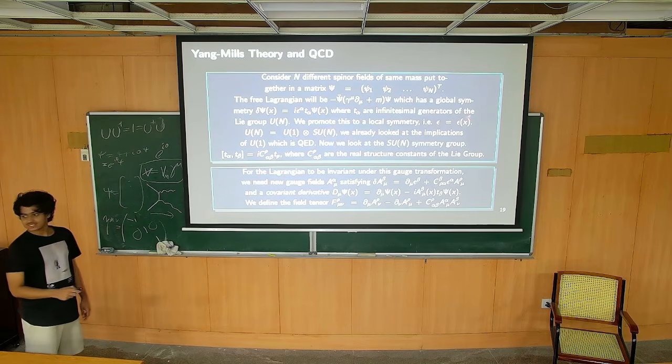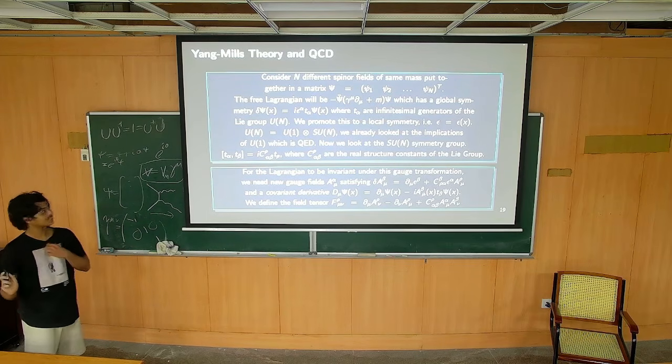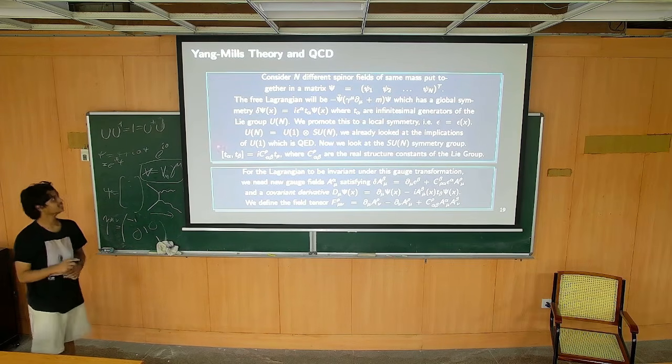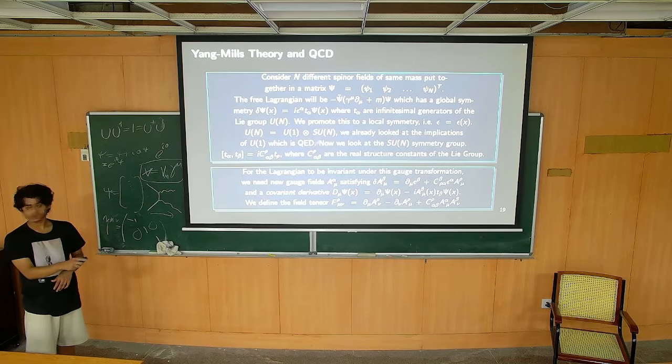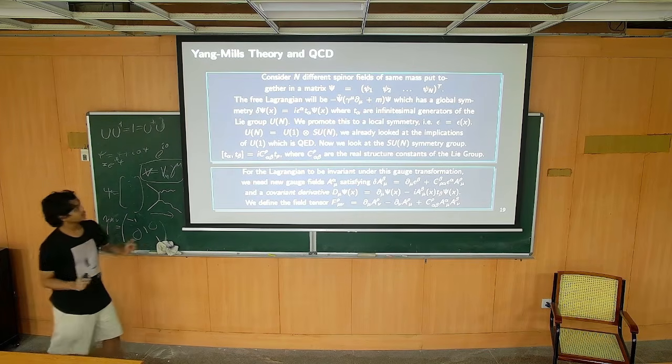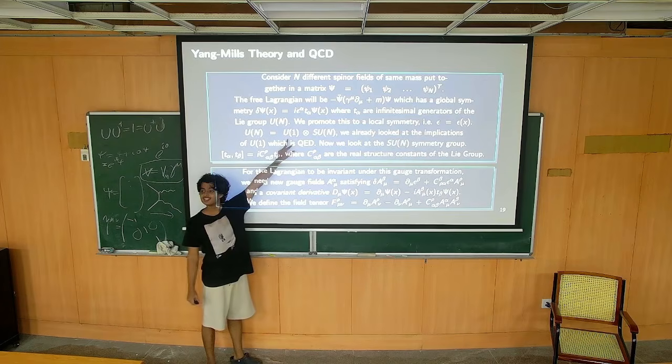Now something in group theory is that the U(N) group can be decomposed into U(1) tensor product, or direct product, whatever, the SU(N). This U(1) gave us what?